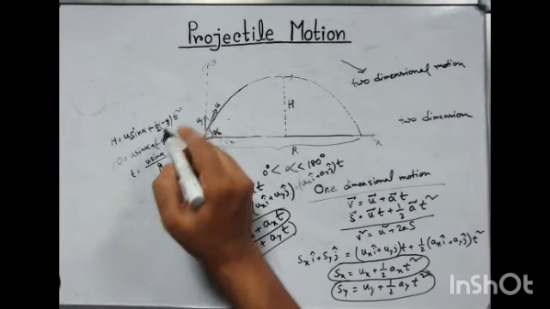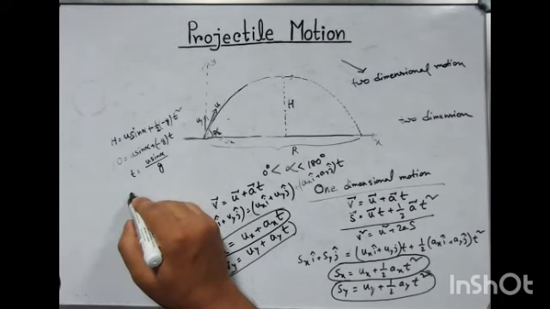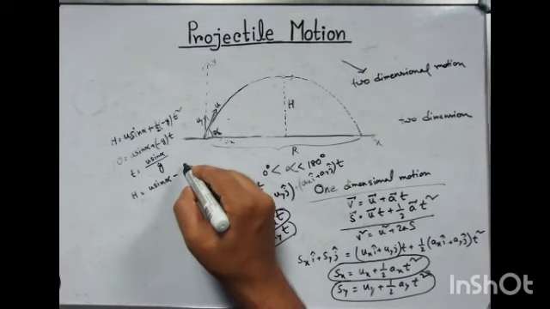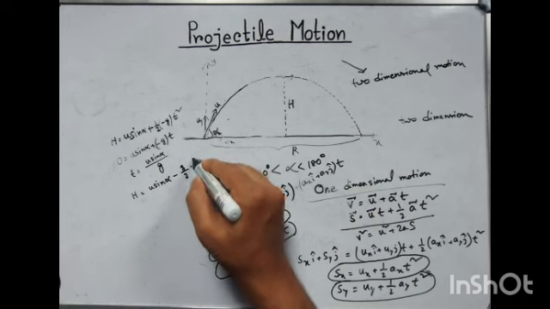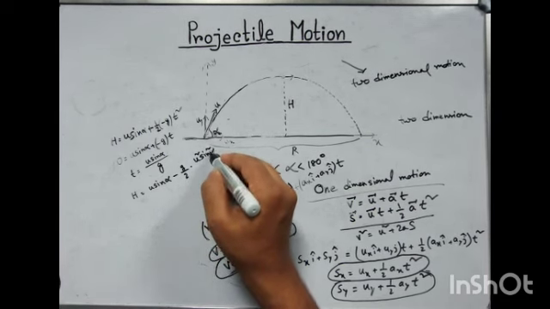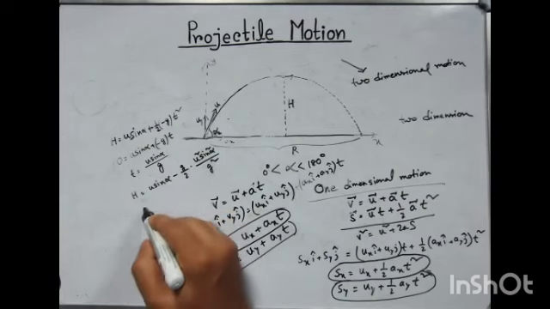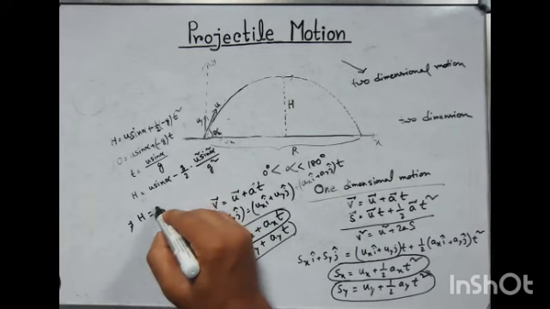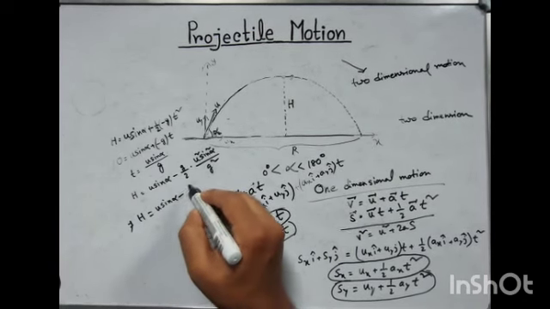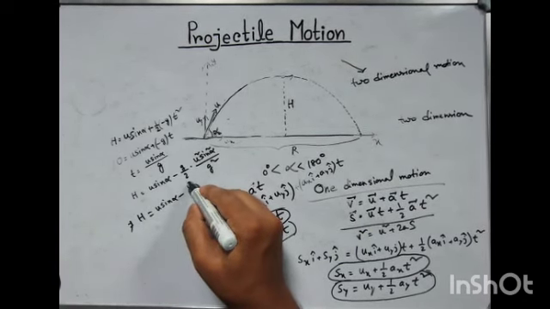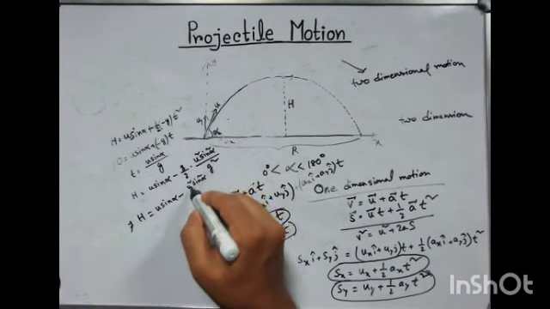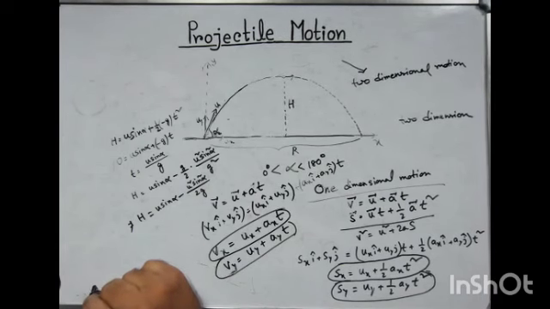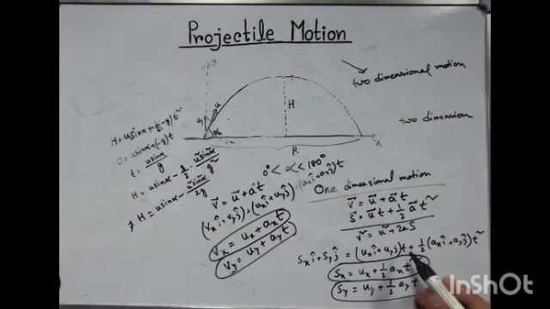So we'll put this value into t, so h equal to u sin alpha into t minus g by 2 into t square, which is u square sine square alpha by g square. Sorry, there was uy into t, I missed this t.